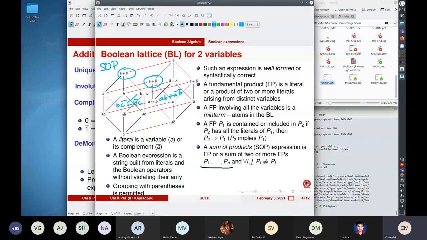All of these are fundamental products, and these are sum of product expressions, SOP expressions.